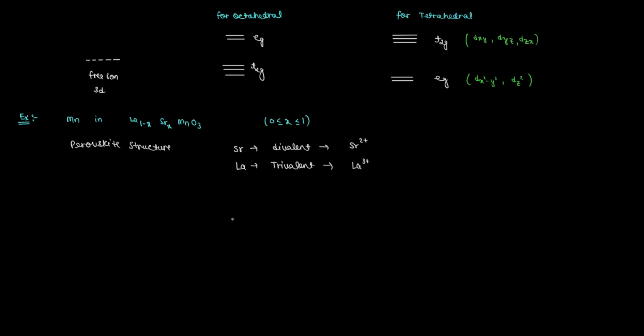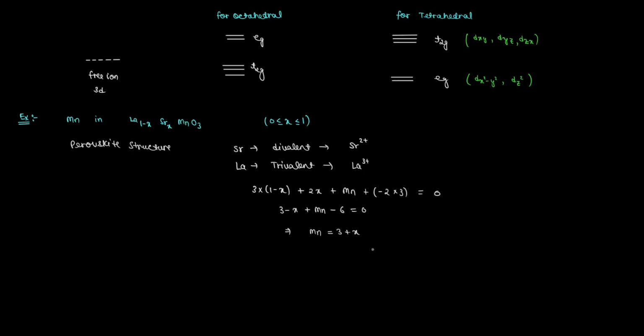As this is a neutral compound, the total charge must be equal to 0. So 3 times (1−x) plus 2 times x plus the oxidation state of manganese plus the oxidation state of oxygen, which is −2, and there are 3 of them, will be equal to 0. So 3 − x plus Mn − 6 equals 0. Therefore the oxidation state of manganese will be 3 + x.